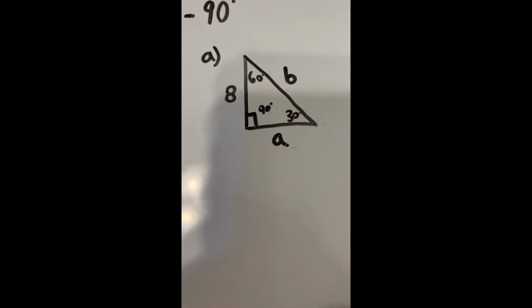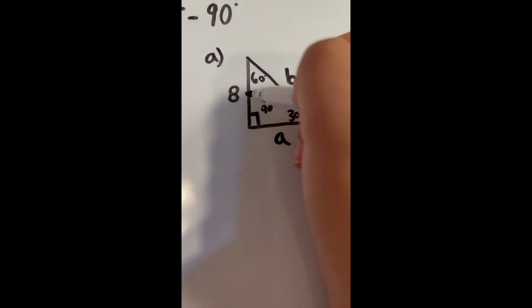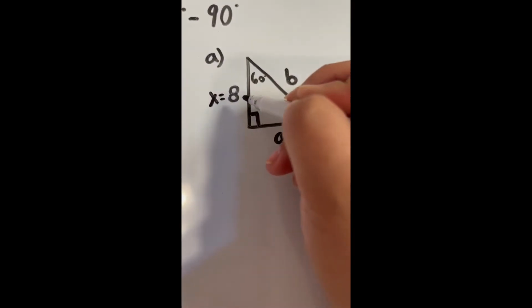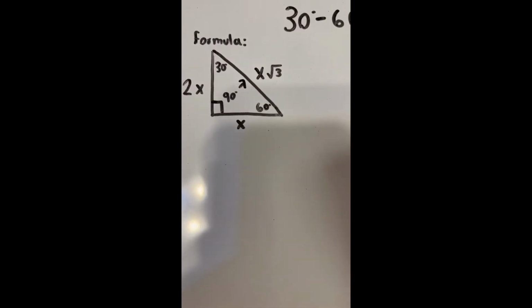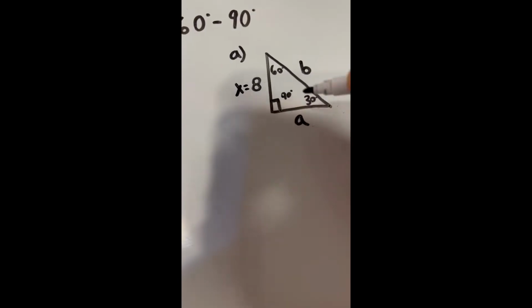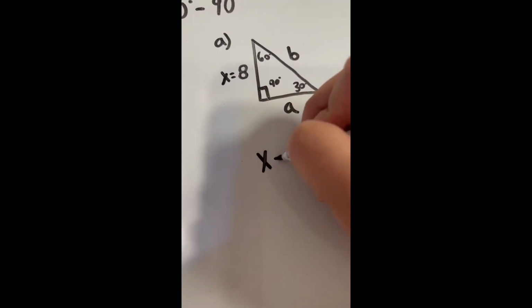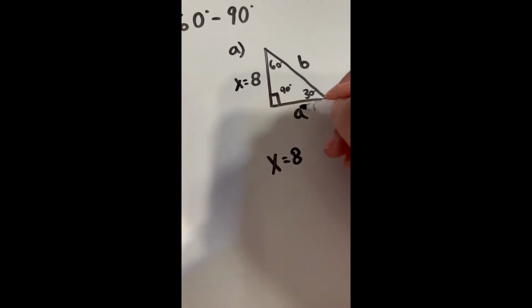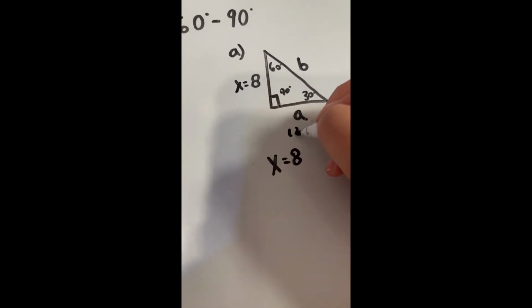So we're going to be using this formula to find out our missing sides in this question. This question gives us one side, which will be x, and we know that 8 equals x because it is closest to the 60-degree angle. Therefore, x equals 8, and we can use this to figure out our other sides.